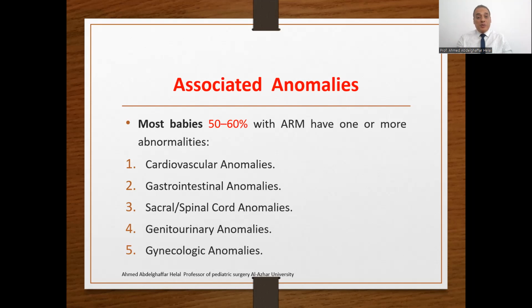Most of these babies may have cardiovascular anomalies, gastrointestinal anomalies, sacral and spinal cord anomalies, and genitourinary and gynecological anomalies. So your role as a pediatric surgeon is to exclude or rule out the presence of these anomalies during the first 24 hours of the baby's life.